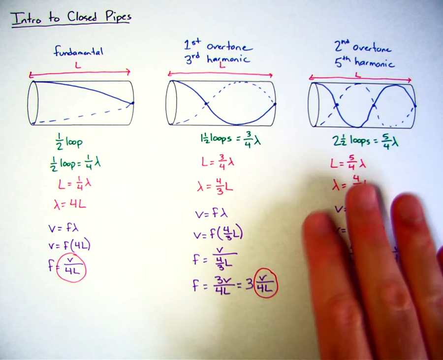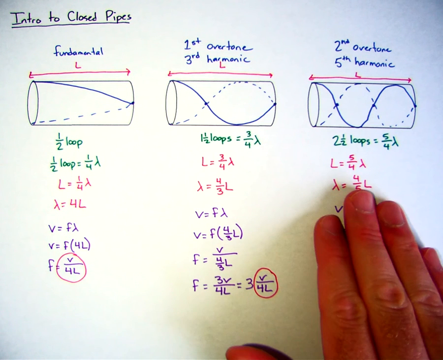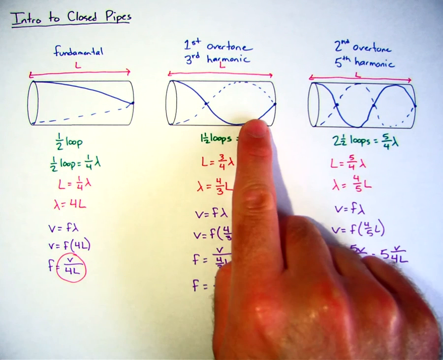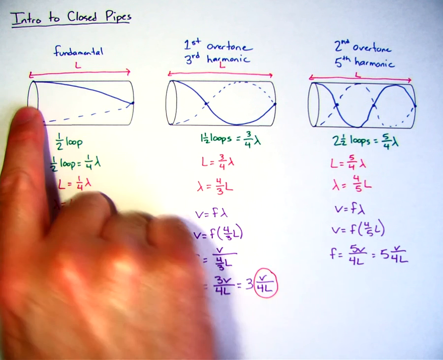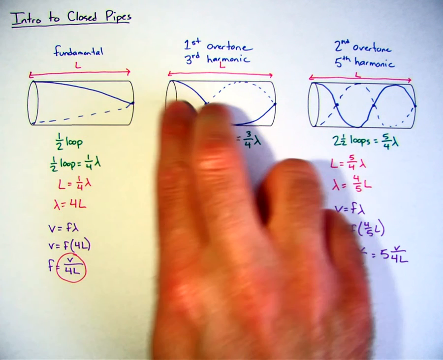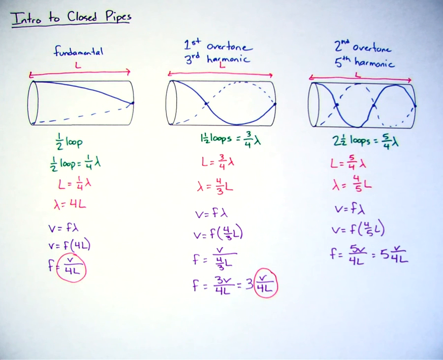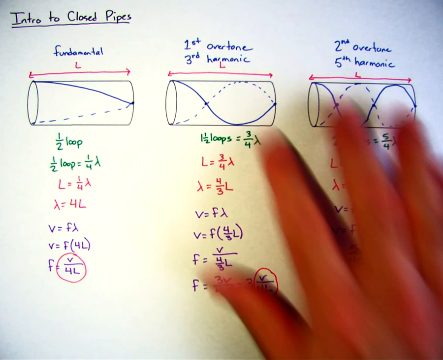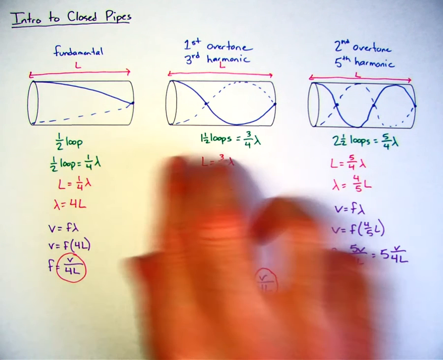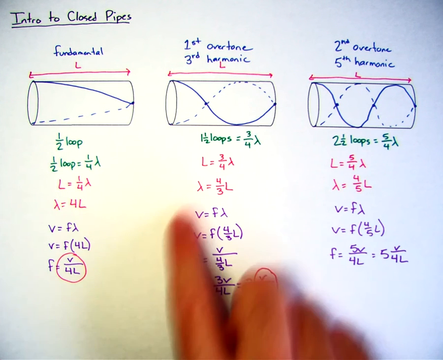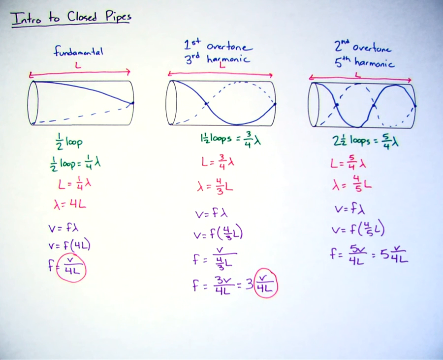We cannot physically create 200 hertz or 400 hertz because of the way that it's set up. In order to have an antinode at one end and a node at the other, we can only go in odd harmonics with our closed pipe. So it's really important that you understand the breakdown here. Worst comes to worst, you can always do what I did. You can always draw it out, use your loops, and use your wave velocity equation to figure out exactly what you have.